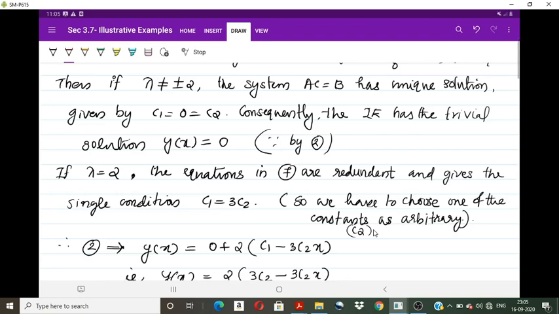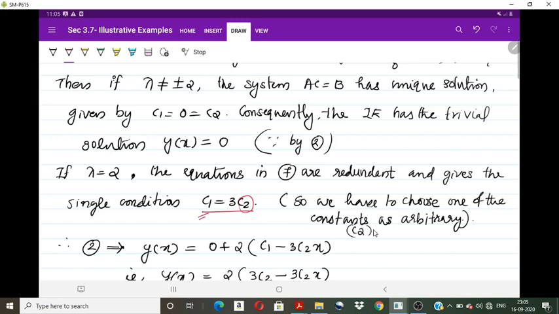So if lambda equals 2, the equations 7 and 8 are redundant and give the single condition C1 equal to 3C2. If we choose C2 as arbitrary, then C1 depends upon C2, and consequently we may have infinitely many solutions.